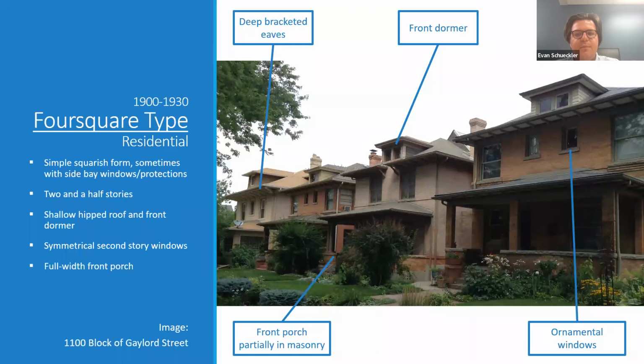The Foursquare type is another type that is the next step above, as far as scale, from that classic cottage, where these are always 2.5 stories. So you have the same plan always. If you walk into a stair hall, to your right, or maybe to your left, you have the living room, the dining room behind it, and then the kitchen in the back.